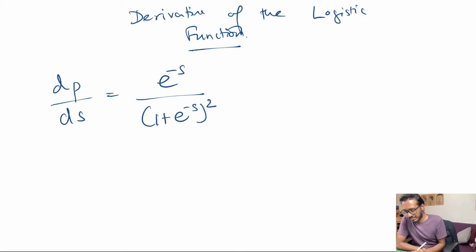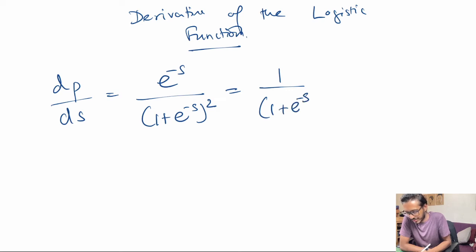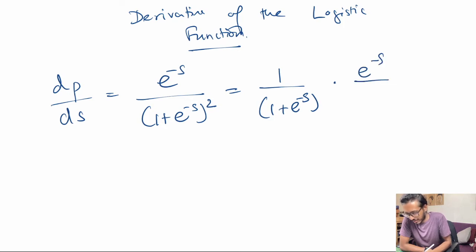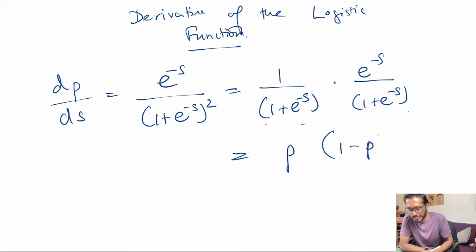I'll let you do the derivation. Here we can divide it into two parts: 1 over 1 plus e to the power of minus s, times e to the power of minus s over 1 plus e to the power of minus s. You can clearly see that the first part is p itself. With some calculations, you can see that the second part is 1 minus p.